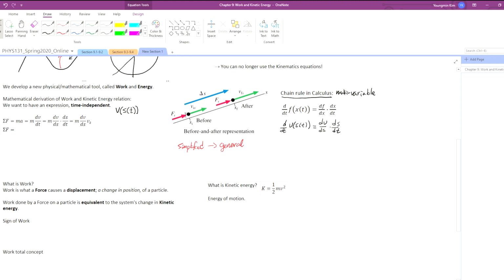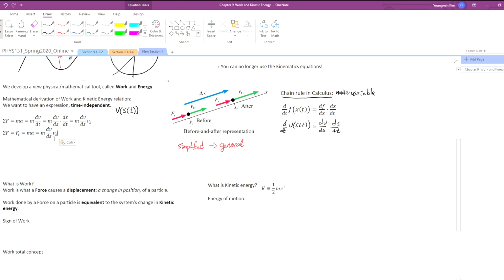In this particular example, we have only one constant force that is equal to Fs. That's my net force, and that was equal to ma, which in turn equals this over here. So now we have this expression as highlighted here: the constant force is equal to m dv/ds multiplied by velocity with respect to s.